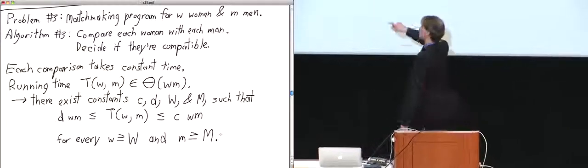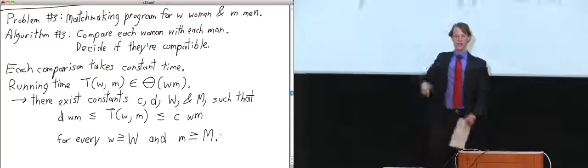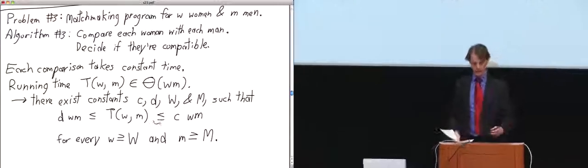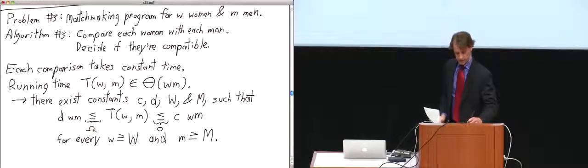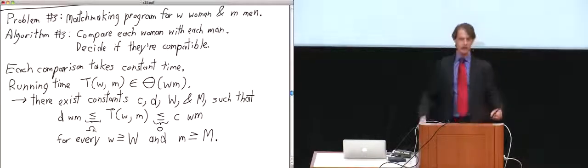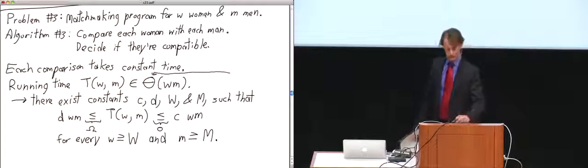And of course, these two inequalities, the right inequality is what gives you the big O, and the left inequality is what gives you the big omega, and when you put them together, that's what gives you the big theta here.